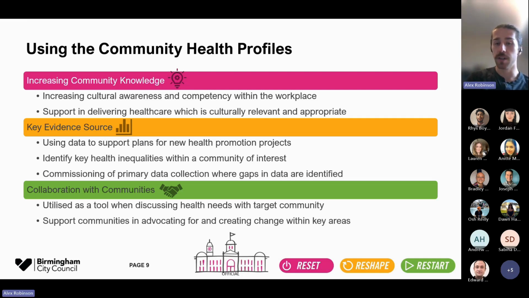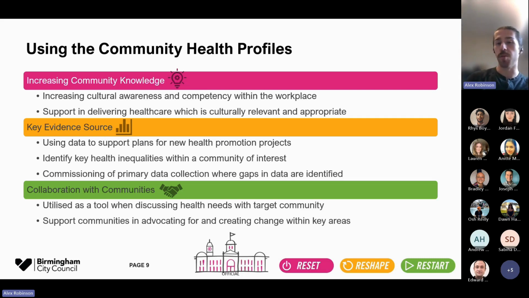And the information should be used to provide culturally relevant healthcare and other services in the community. But we also recognise that the profiles aren't perfect and we are planning on doing refreshes of them. So we want to encourage people to provide us with feedback. Somebody from the team can probably put a link to share feedback with us, or you can email us at the email that somebody from the team will put in.